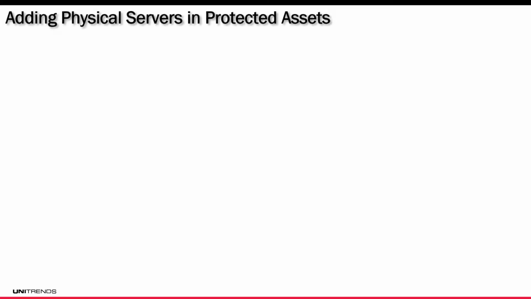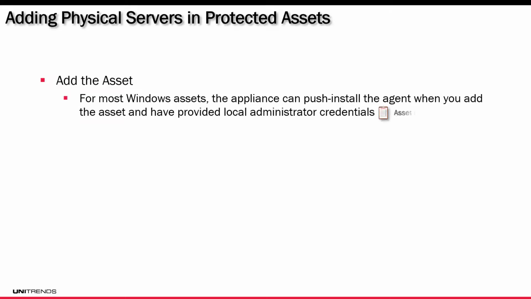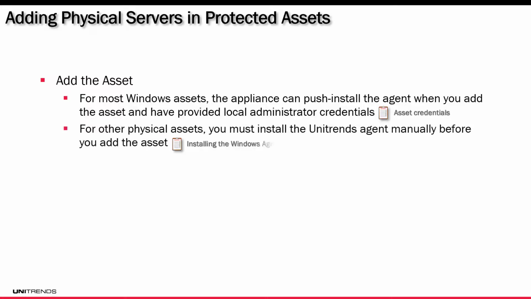When we look at adding physical servers in the protected assets area, you're going to add the asset. And for most Windows assets, the appliance can push the install agent, as we talked about, when you add the asset, if you've provided local administrator credentials. Once again, there's a link there for the asset credentials in the administrator guide for more information. Now, for other physical assets, you must install the Unitrends agent manually before you add the asset. And there's also more links there for you as well.